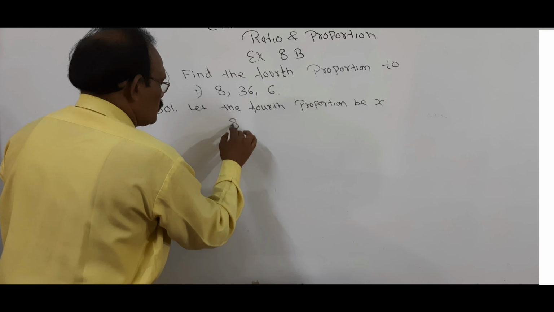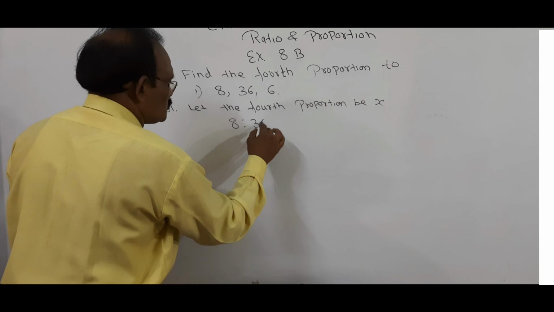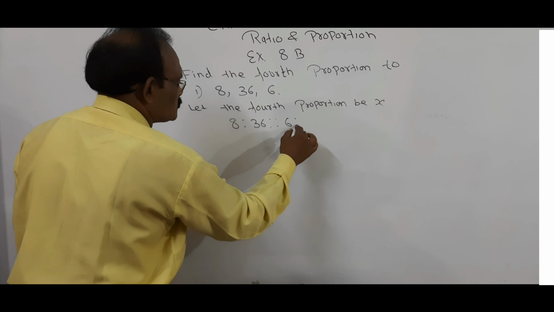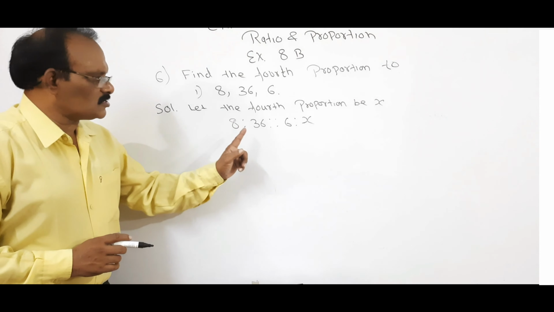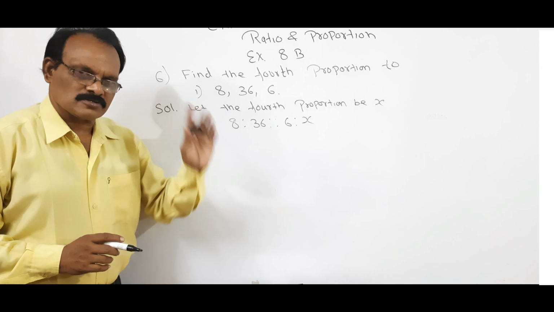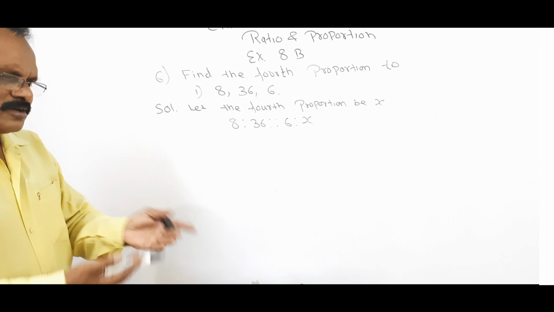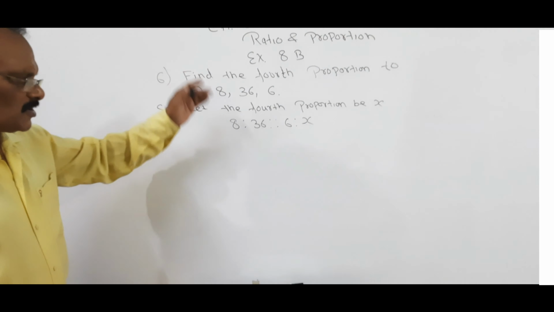Then 8 is to 36 as 6 is to x. So 8 is to 36 proportion 6 is to x. Now, whatever we have done till question number 5, the same thing.